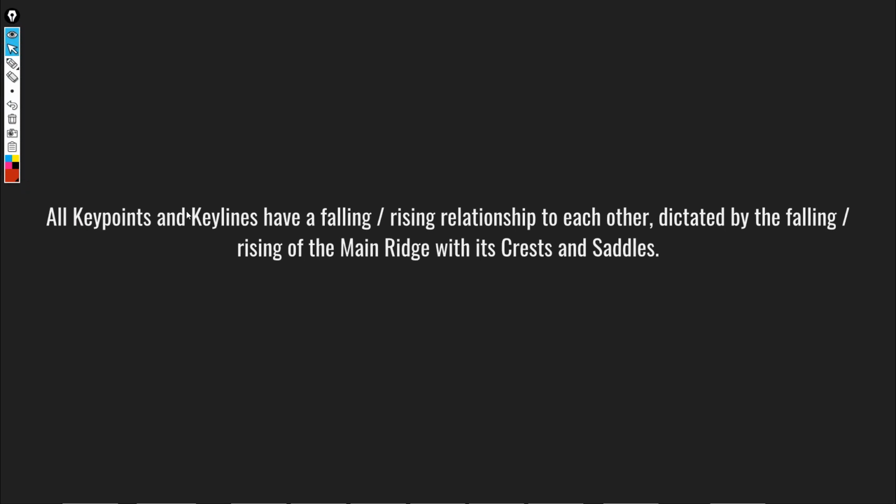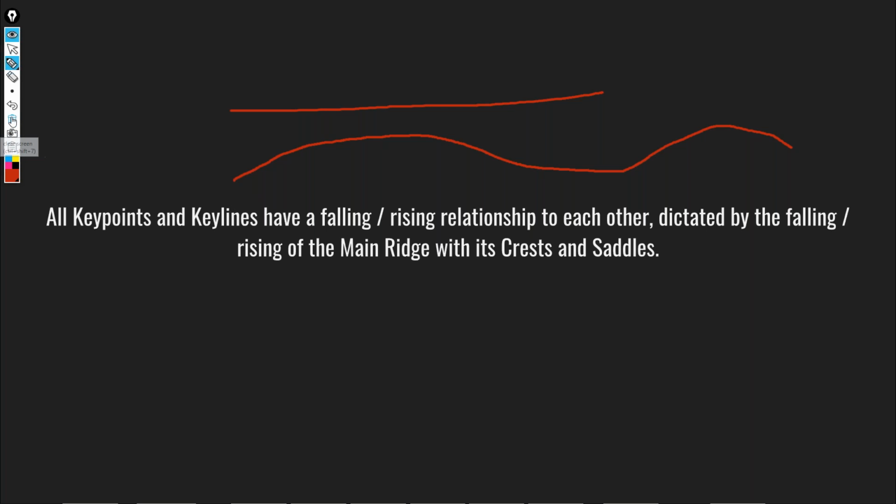Another thing to bear in mind is that all key points and key lines have the same falling and rising relationship as the rest of the landscape elements. If you look at the mountain range of any landscape, you see a falling and rising happening, because a mountain is not a straight line. It has falling and rising happening along its length.